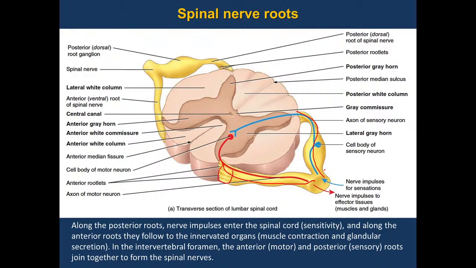We call this part of the spinal nerves roots. So there are posterior and anterior roots of the spinal nerves.